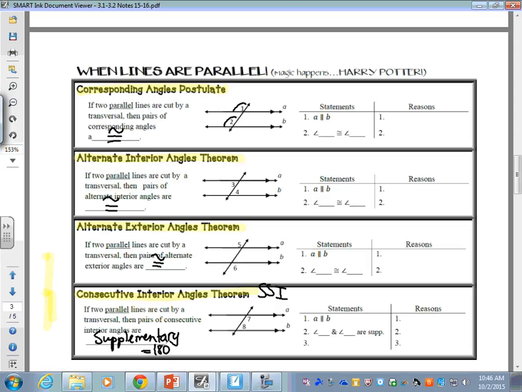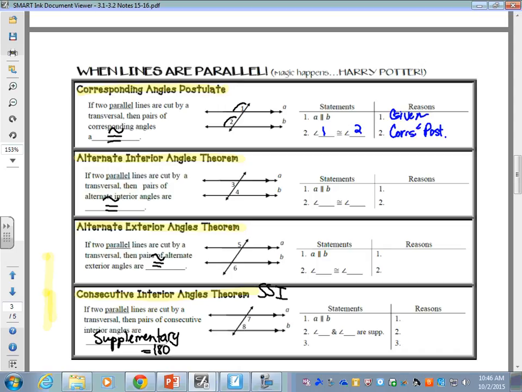If I tell you that the lines are parallel, so if this is given, you got to have that given. And then I see that I have corresponding angles, okay? Then the statement I can make is angle 1 is going to be congruent to angle 2. That's because of corresponding angle postulate.